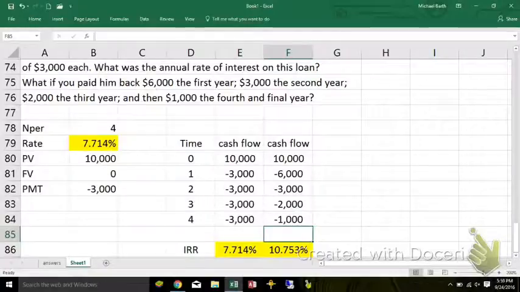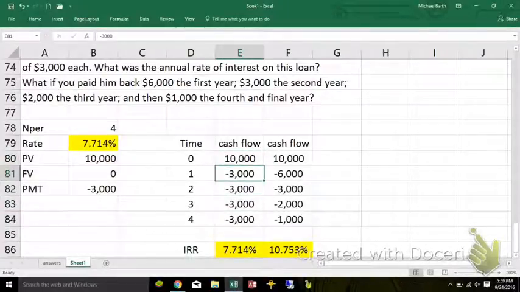You pay back $12,000, but because you had to pay it back faster, it actually increased the effective interest rate on this loan. So you can use rate to calculate anything that has annuity payments where it's the exact same amount, but you can't solve for rate if their payments are uneven. That's where IRR comes in.